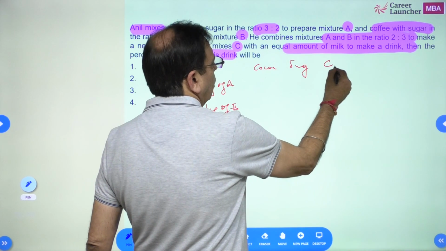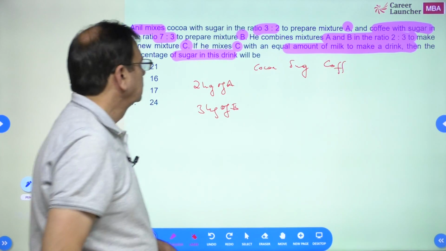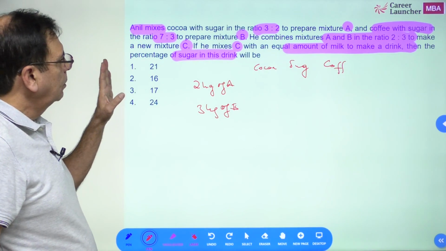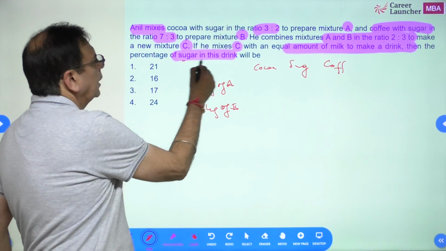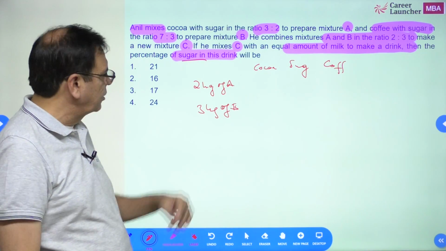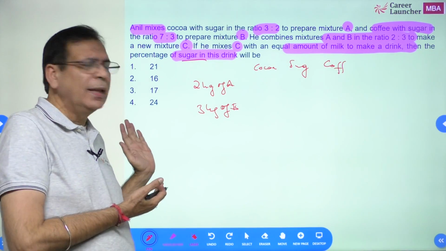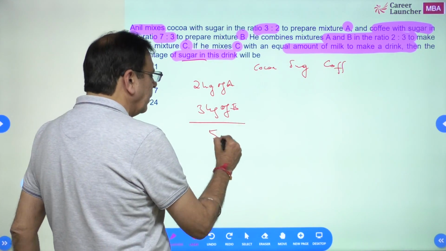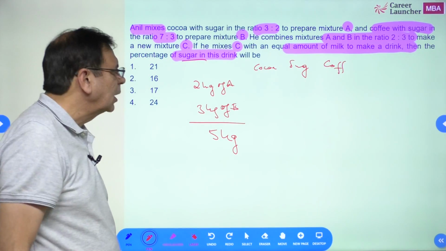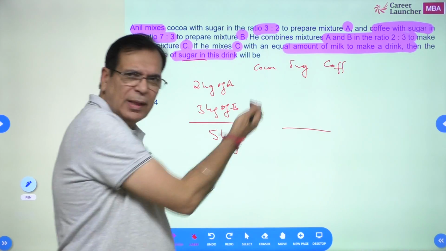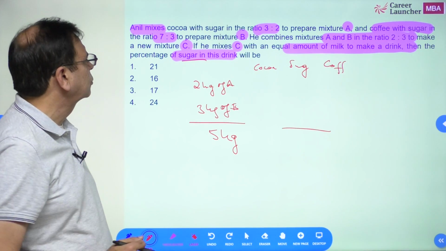Sugar and coffee. Okay. Now we need to find the percentage of sugar in the milk in the final mixture. ठीक है ना? तो मैं कोको और कॉफी की टेंशन क्यों लूंगा? मेरे को शुगर निकालनी है ना. आफ्टर ऑल दिस इज 5 kg ऑफ द मिक्सचर. दिस 5 kg ऑफ A प्लस B. इस 5 kg में कितनी शुगर है यही तो निकालनी है ना. डोंट वरी ऑफ कॉफी और शुगर.